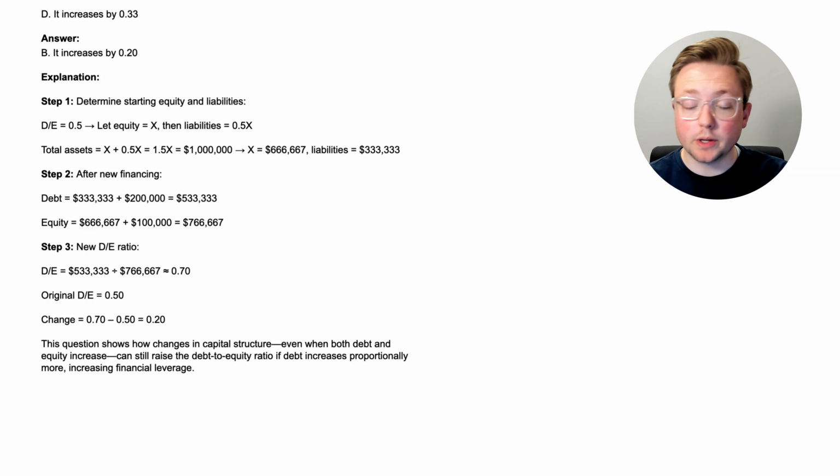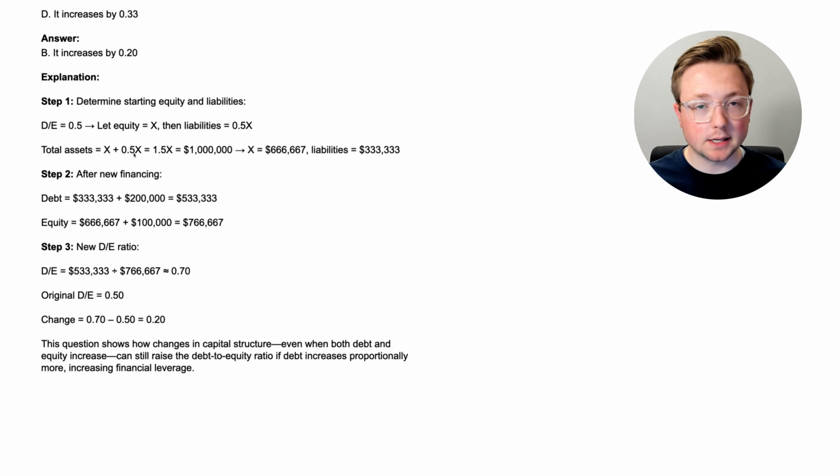So the total assets, which is $1 million, equal liabilities plus equity, which is X plus 0.5X. That means that 1.5X is equal to $1 million. If we divide $1 million by 1.5, X, which is equity, is $666,667. And then the remainder of the $1 million is the liabilities.